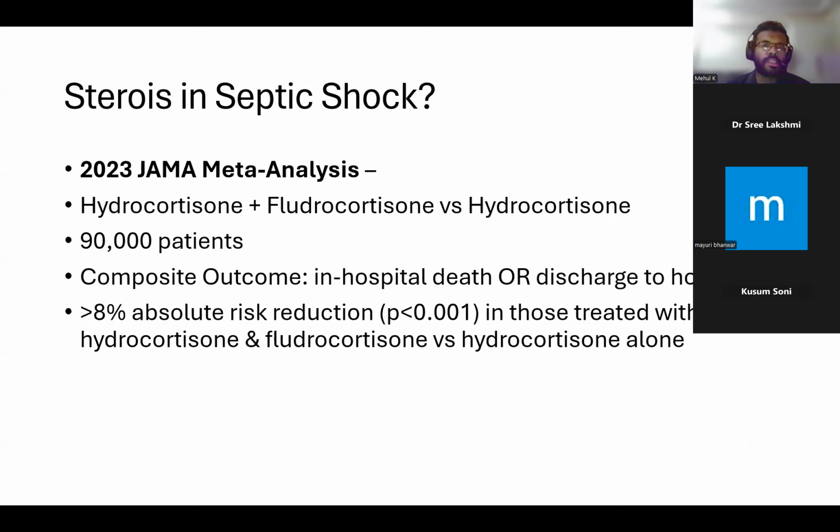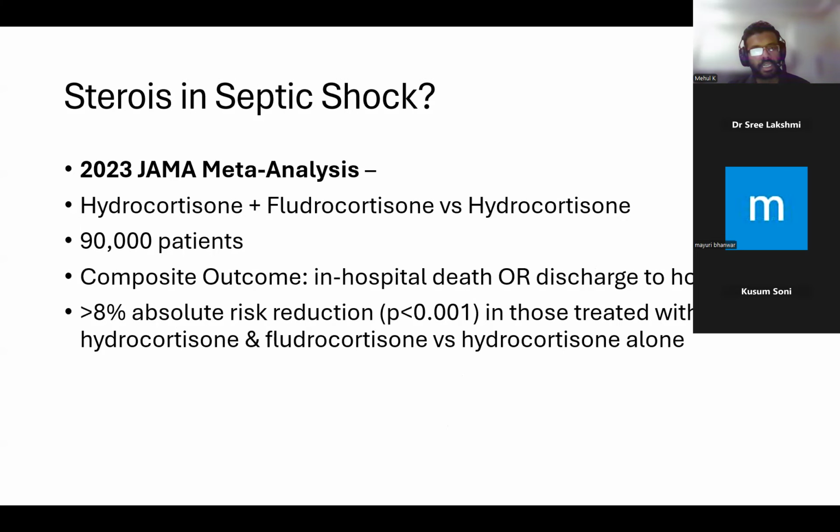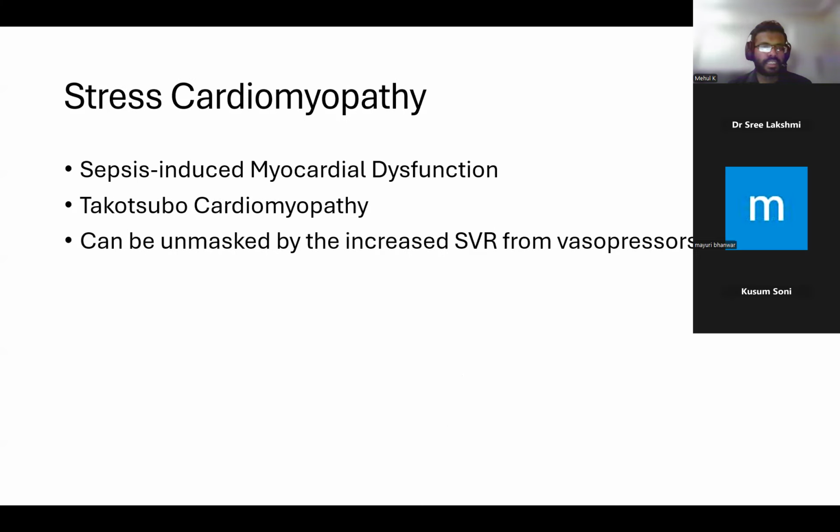So now you started steroids, you started two vasopressors, and the patient is still not responding. Then you can consider other things like stress cardiomyopathy. So you have something called sepsis-induced myocardial dysfunction. Other than that, you can have patients who have underlying cardiomyopathy as well. Basically, these kinds of disorders can be unmasked by vasopressors.